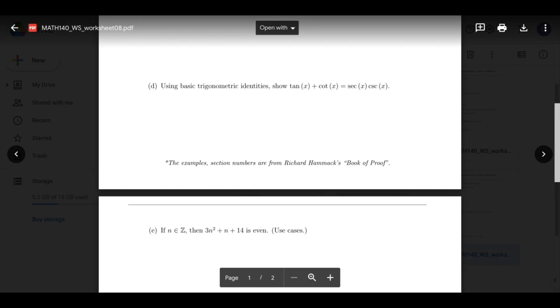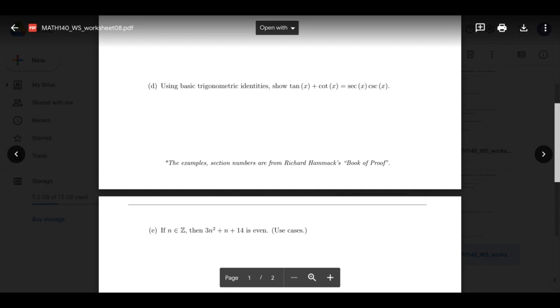To prove this is to go from one side to arrive at another side, or both sides arrive at the same spot. So let's see. You change tangent x to sine over cosine, cotangent x to cosine over sine. Then this equals to, oh no, you cannot do this. Do you see what I mean?